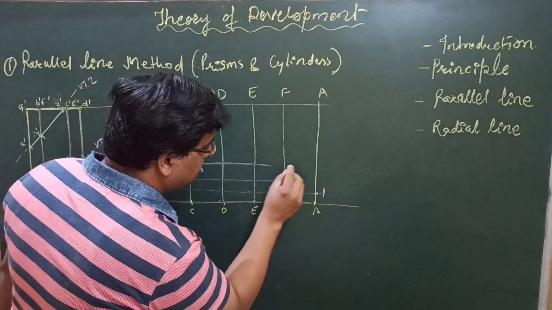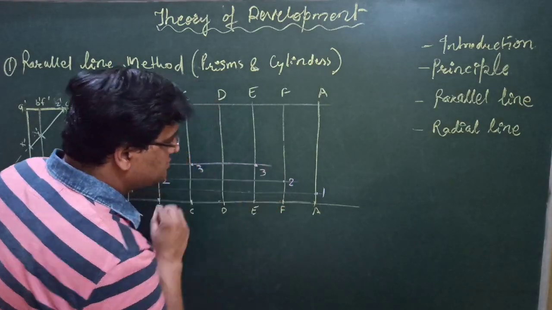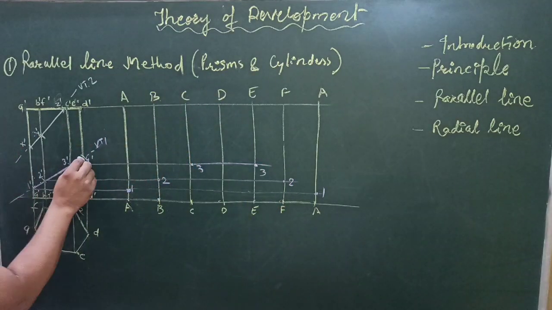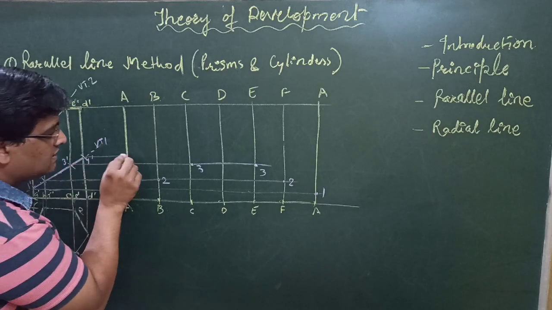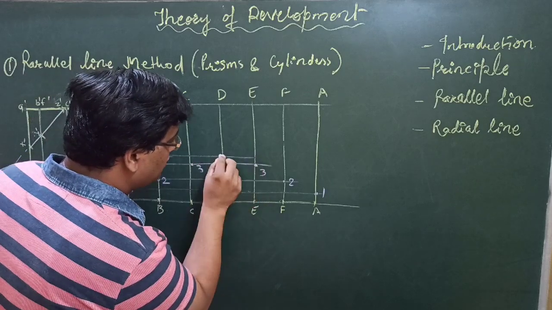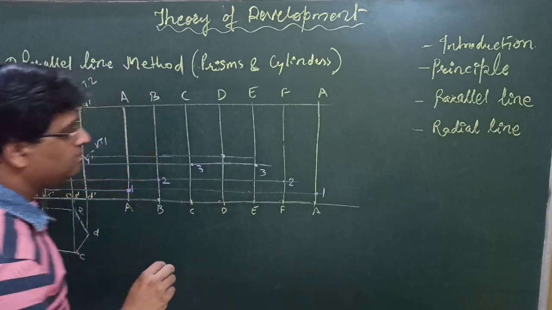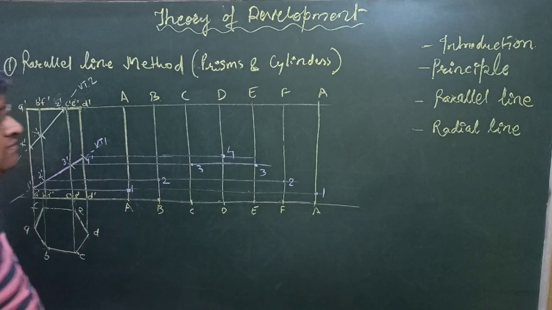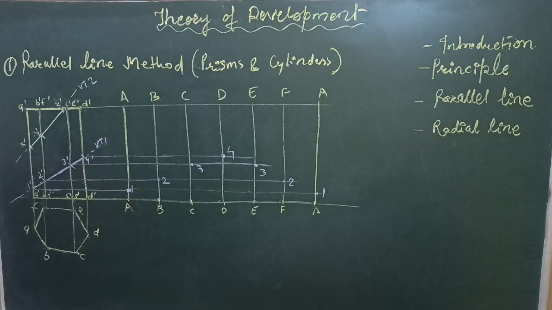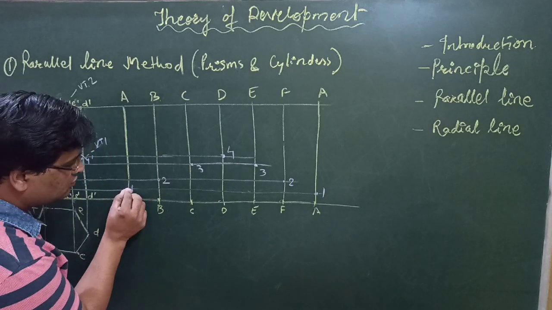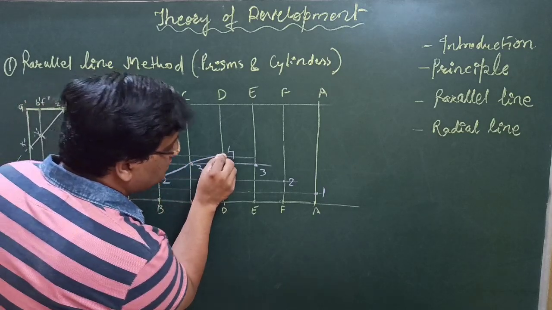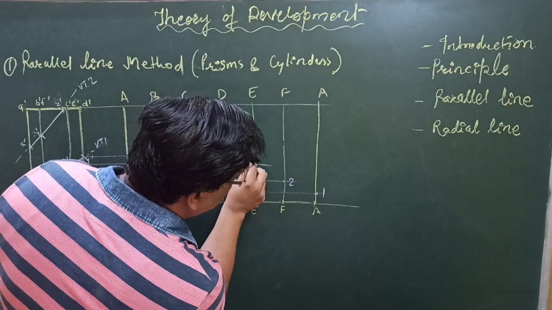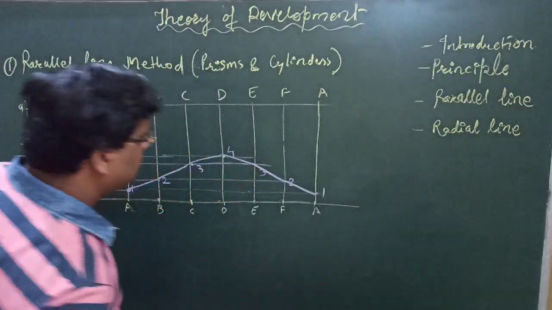This is 3. This is 3. And then D, it is cutting D to D. And then 4, it is cutting D. So it will be dropped on D here. So this will be 4. Join them with straight lines: 1 to 2, 2 to 3, 4, 3, 2, 1.